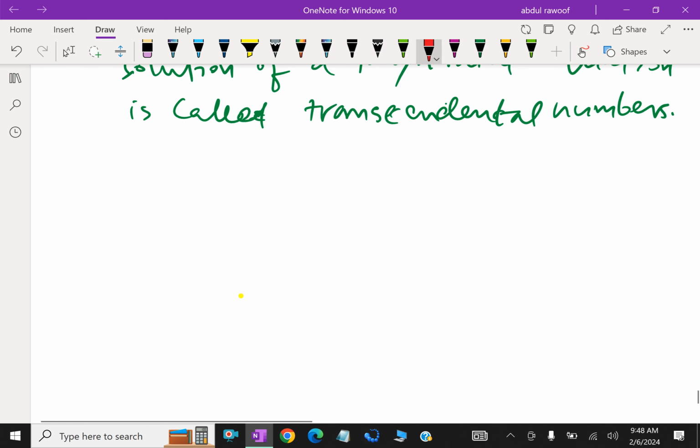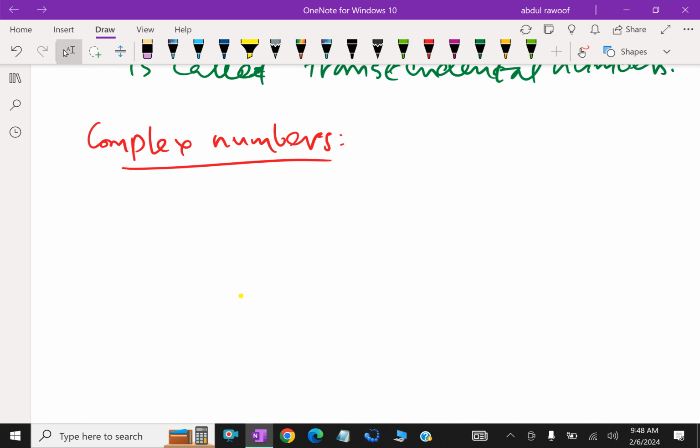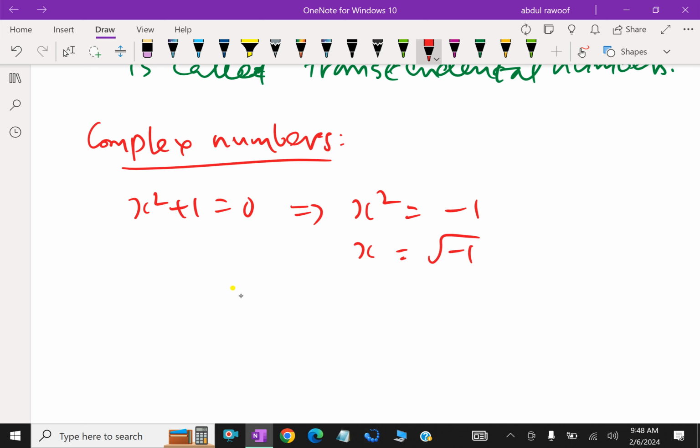complex numbers. We know that, suppose we consider x squared plus 1 equal to 0, a polynomial equation, which gives x squared equal to minus 1 and x equal to the square root of minus 1.